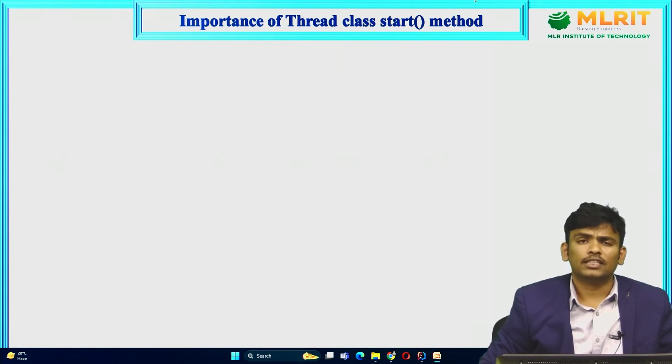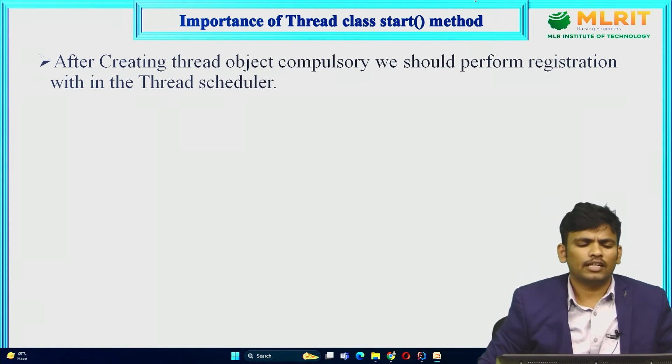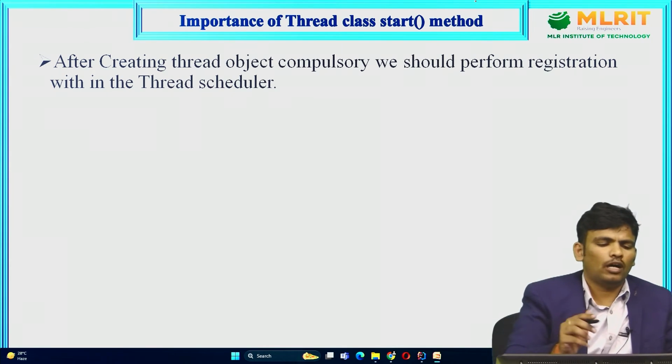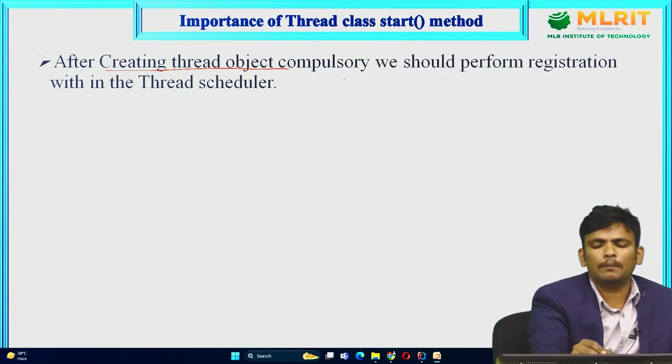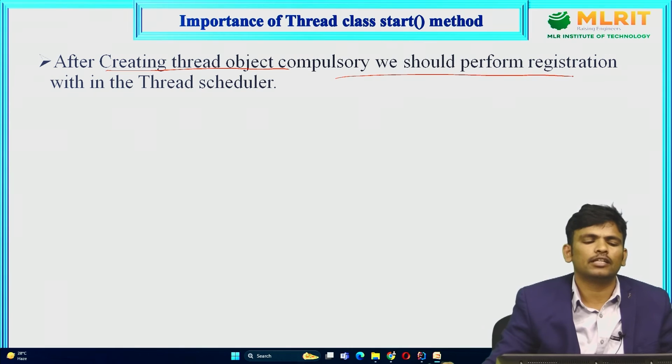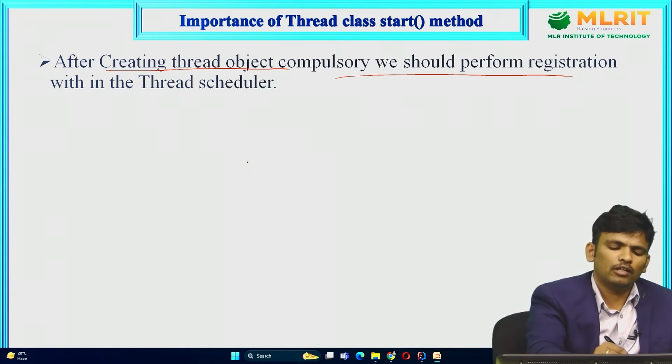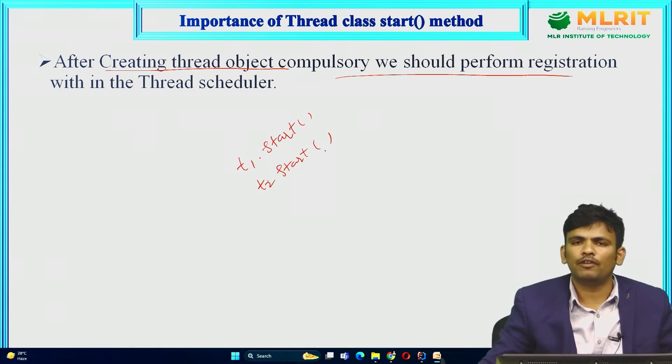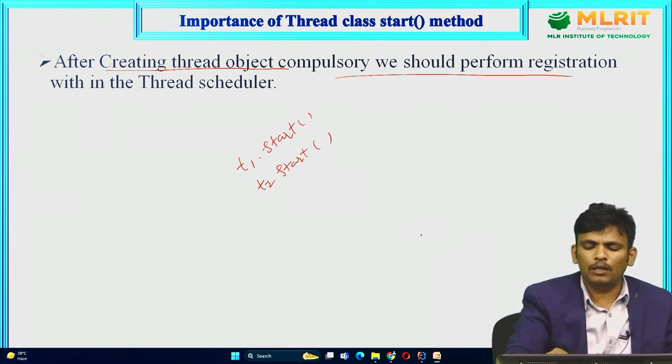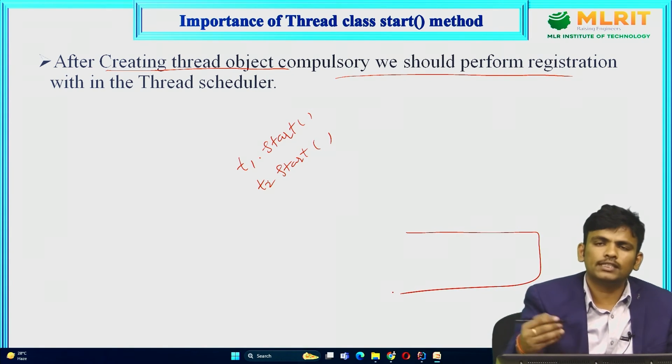So this is the main difference between the start method and the run method. And the start method has some responsibilities. What are they? After creating a thread object, we should compulsorily perform the registration in the thread scheduler. If you are calling t1.start and t2.start, new threads will be created, and these threads need to be registered in the thread pool.